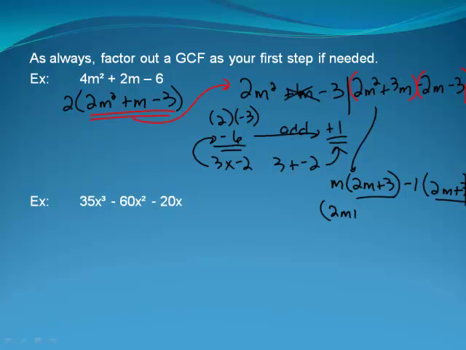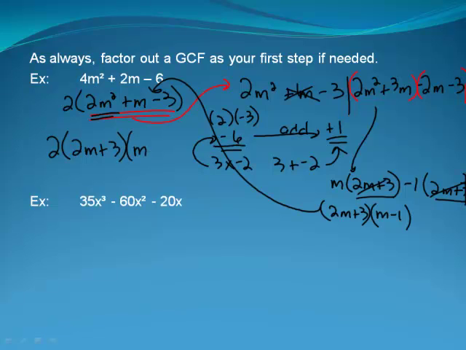So we've got 2m plus 3 times what's left after you factor that group out. That's m minus 1. And that will go in for this. And so my final answer is 2, which I factored out in my first step, times the factored form of the group that's left, which is 2m plus 3 and m minus 1.